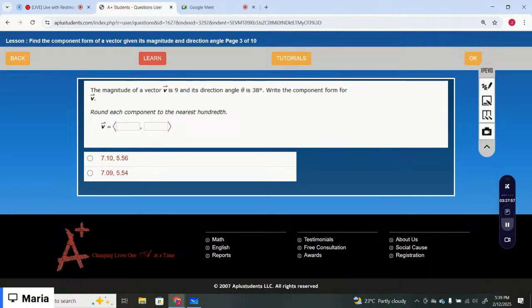Cos 38 degrees is 0.7880 times 9, that is 7.09. And then sine 38 times 9 is 5.54. Option number 2 is the correct option. Got it?